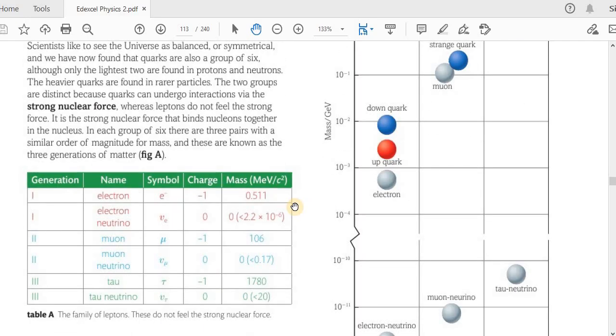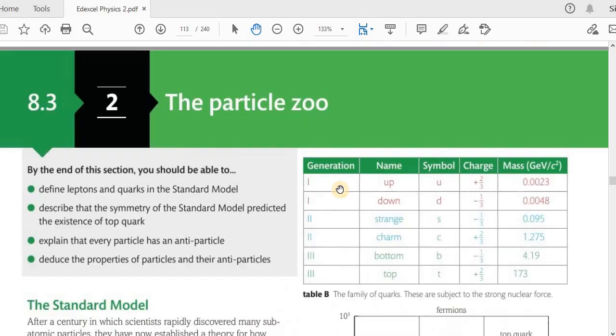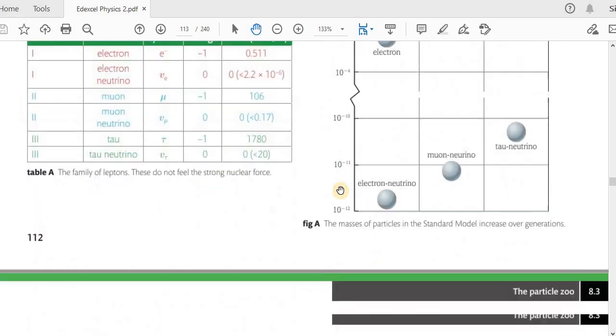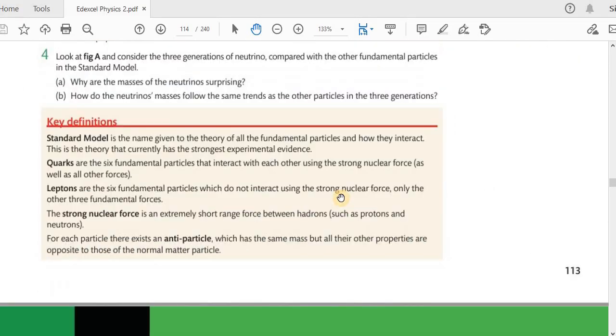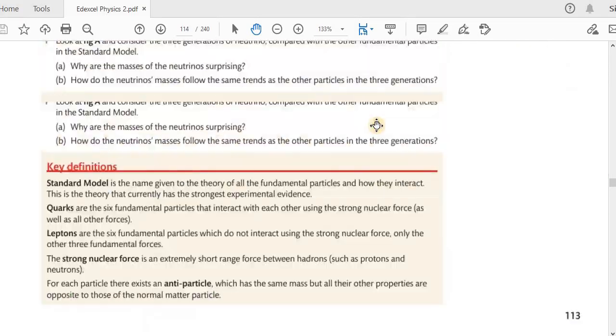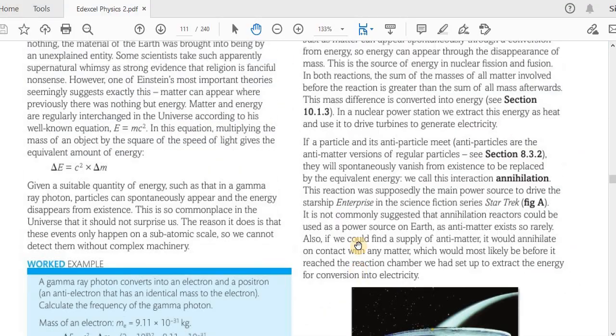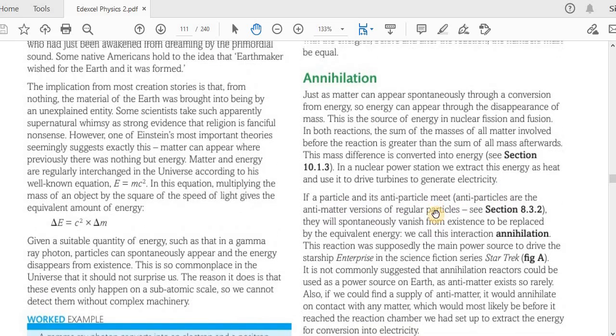We can see those details there. Here actually they have not really given, right? Okay, let's finish this off. Antiparticles are the antimatter versions of regular particles.